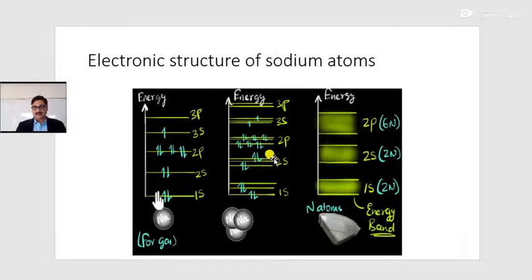Splitting is shown for more than one atom, and the number of lines will also multiply, and finally the energy band for the sodium crystal will come in front of you.